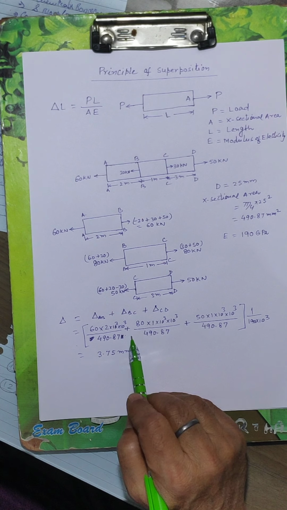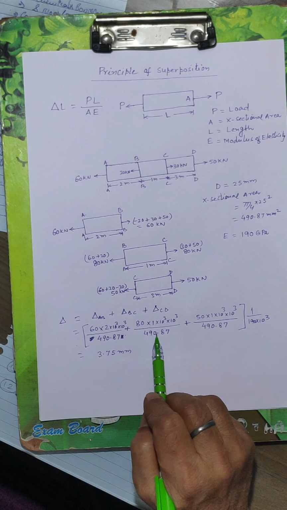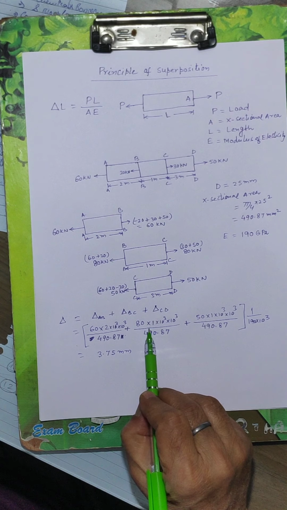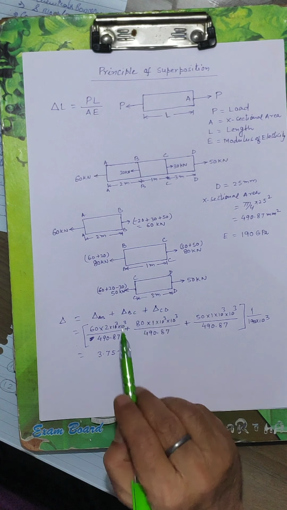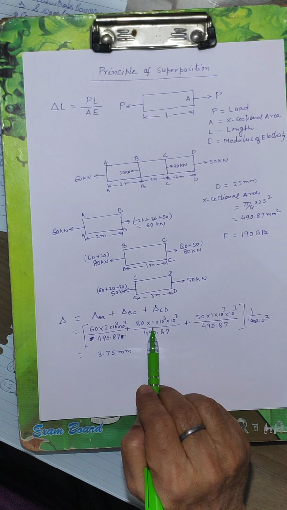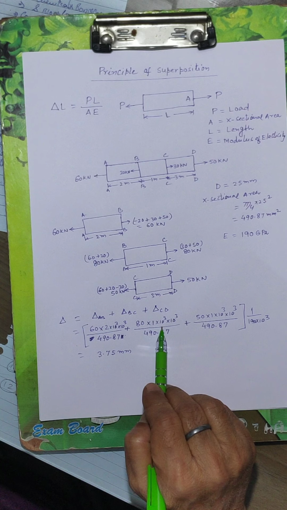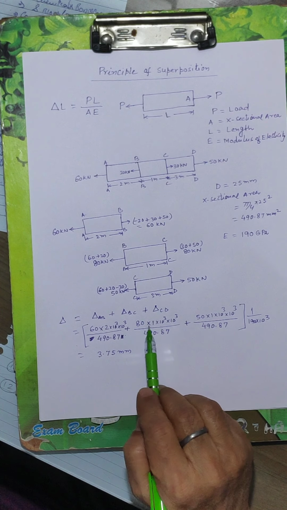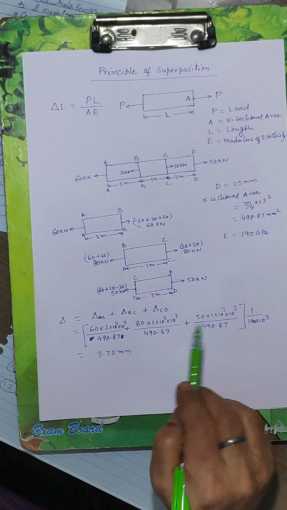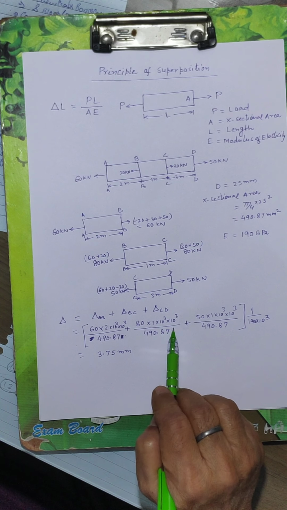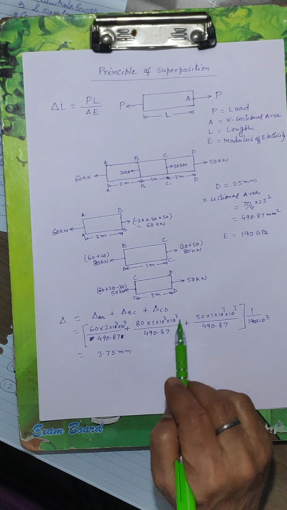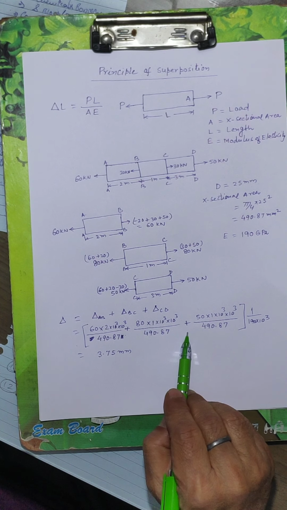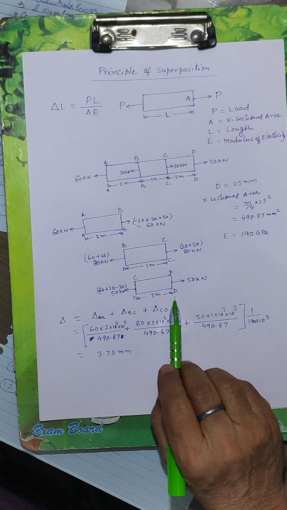Now plus delta BC, that is equal to 80 is the tensile force into 1 meter is the length, PL, P is the 80, L is the 1 meter, 1 into 10 to the power 3 mm. We have converted into mm. And 10 to the power 3, because 80 is kilonewton, so we have again converted into Newton. So we have multiplied by 10 to the power 3 divided by area 490.87 plus third part CD.